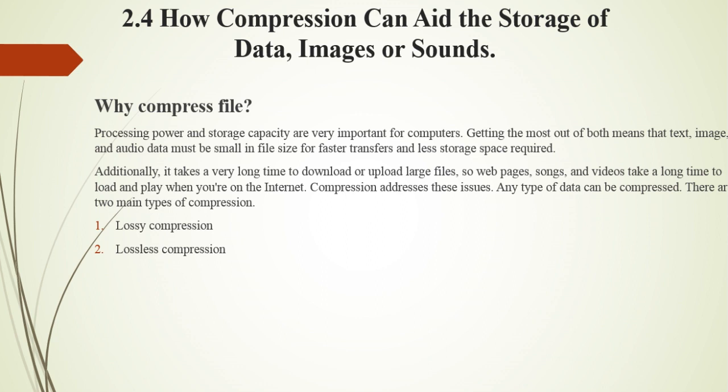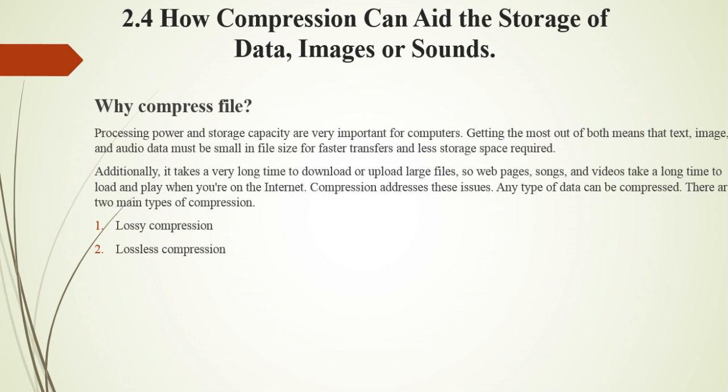There are two main types of compression: lossy compression and lossless compression. Lossy compression removes some of the original data from a file in order to reduce the file size. This means reducing the number of colors in images and the number of samples in sound files. This may slightly degrade the quality of your image or audio file.